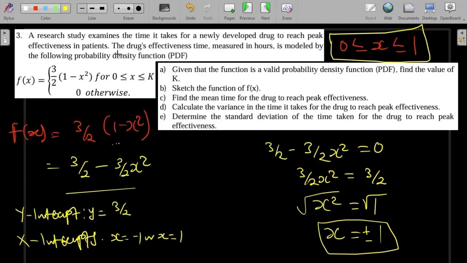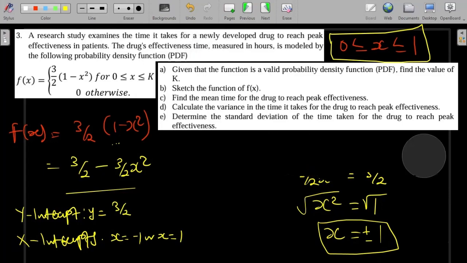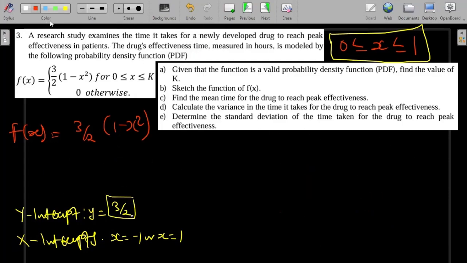Okay, what else do we need? We need the turning point. All right, so now let's find the turning point. Okay, so we can multiply this with this. We are going to get 3 over 2 minus 3 over 2 x squared. Okay, so the x coordinate of the turning point is minus b over 2a. So we see that we do not have a term in x here.